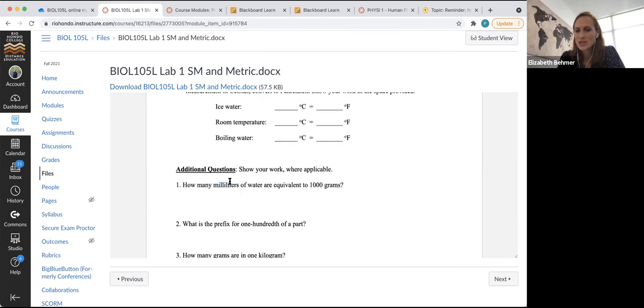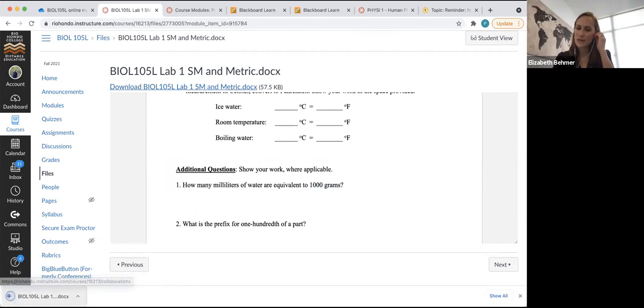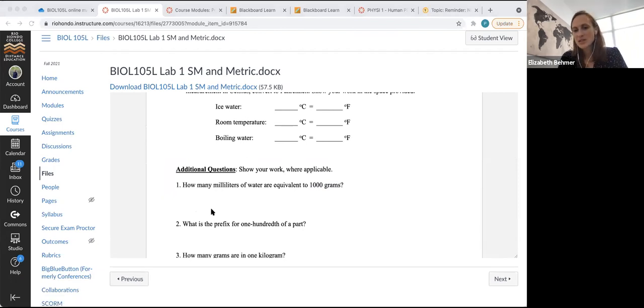I'm going to finish talking a little bit about converting water to grams. What we didn't go over yet is the special attributes of water, and let me go ahead and download this because it will be easier for me to download quickly. I'm going to pull up the special attributes of water, and I'm going to reshare to make sure you guys can see what I'm looking at.